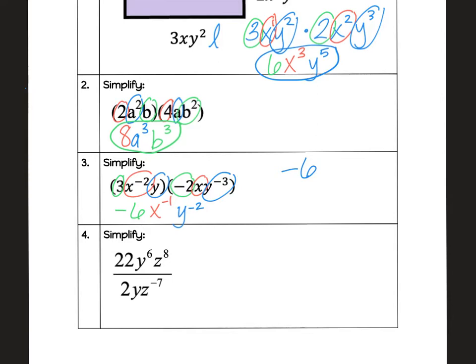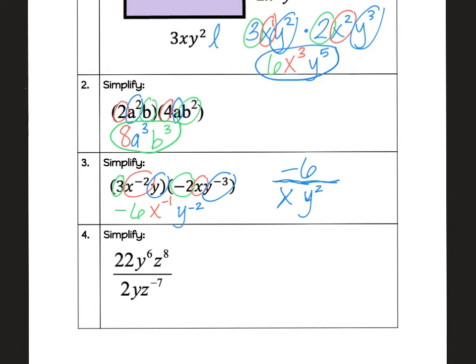It is a negative 6, however, its exponent is still 1. And in the denominator, we're going to have x to the first power and y to the second power. And the best way to write this is to not write that first power for the x because it is not necessary. So you should just have in the denominator x and then y to the second.